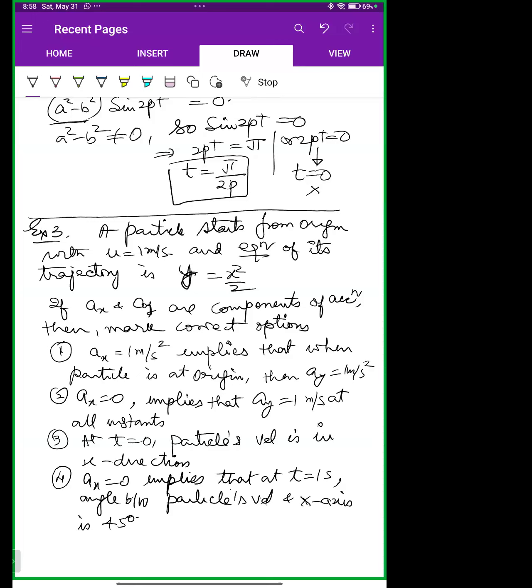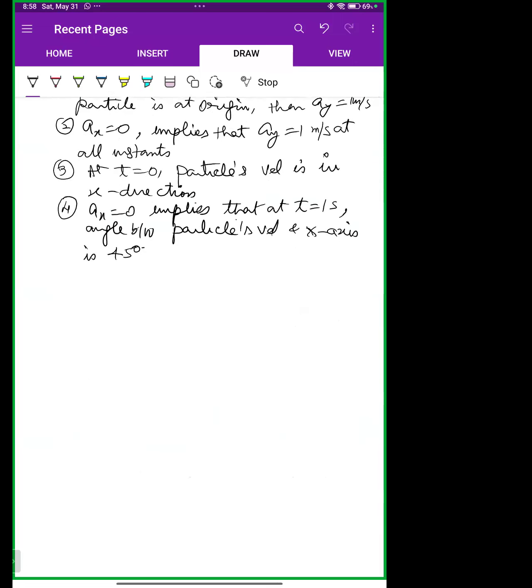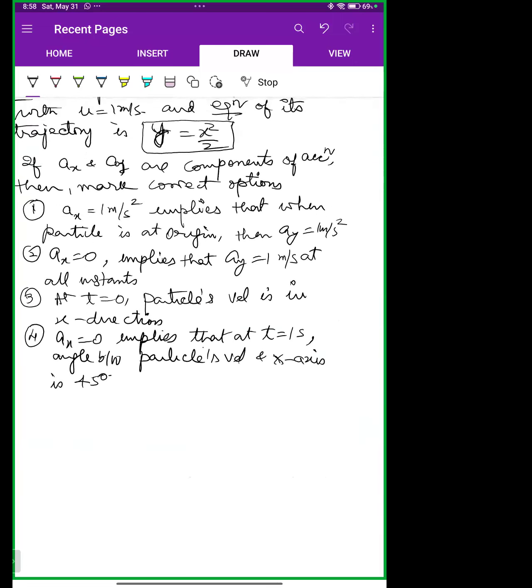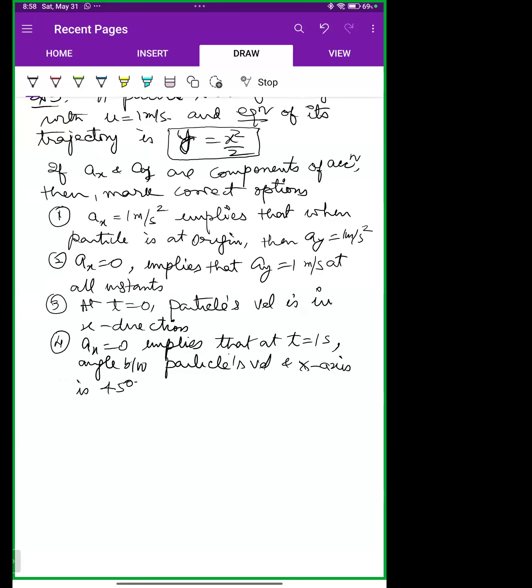Now look at this. What is this equation? Whom does it represent? y equal to x square upon 2. It is similar to the general equation of trajectory, the general equation of a projectile.